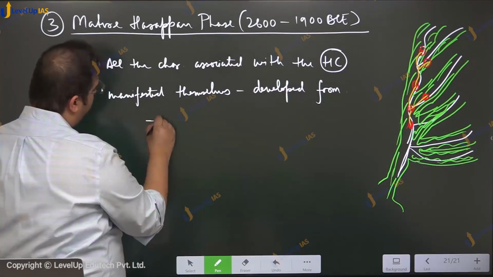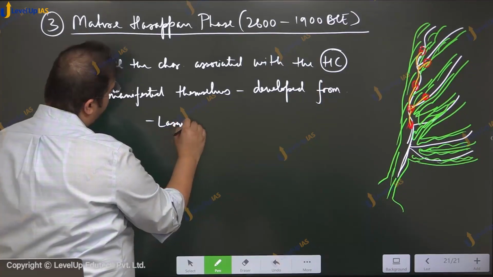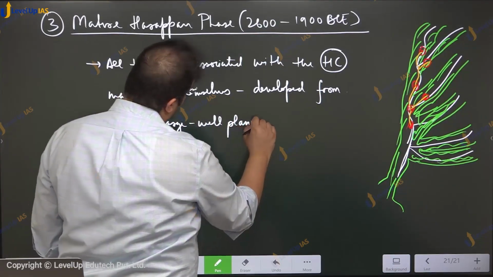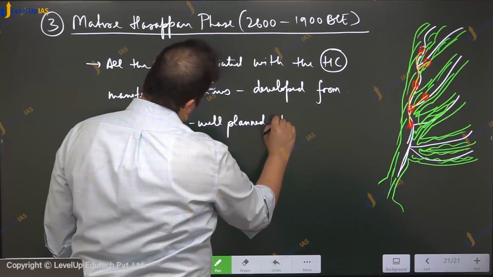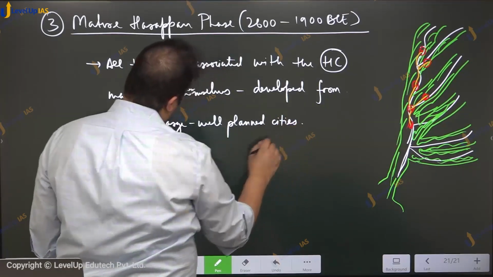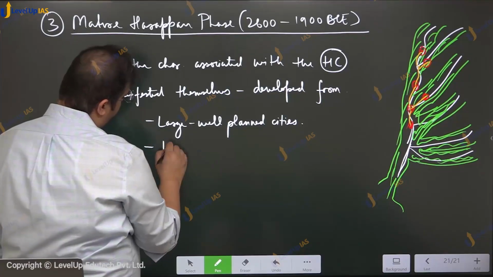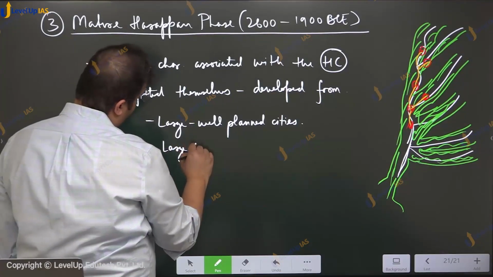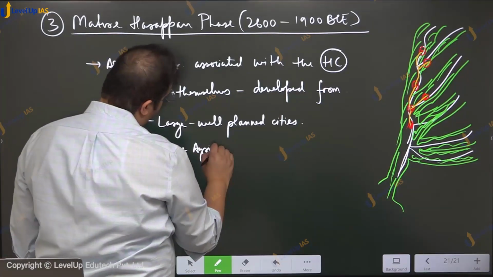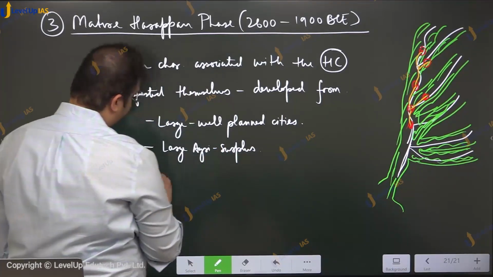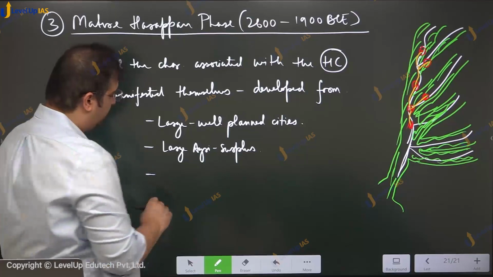For example, large well-planned cities emerged. A large agricultural surplus was present to sustain these cities.